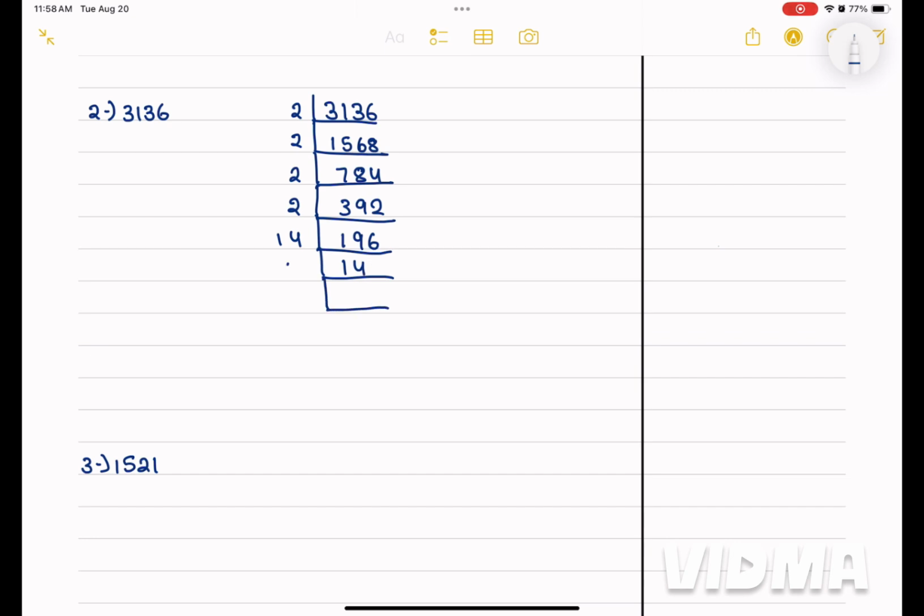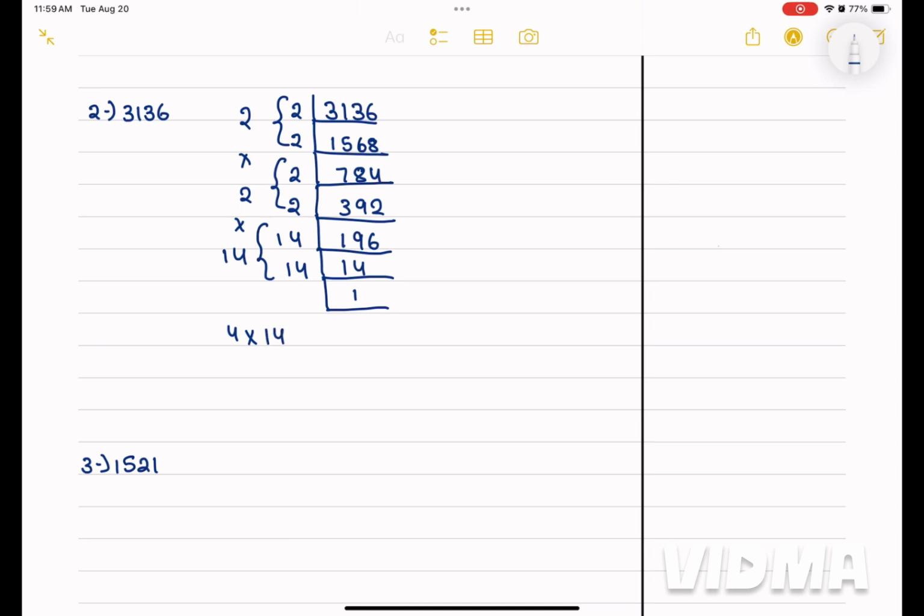Okay. There we go. Now we're going to again take pairs. 2, 2, 14. So 2 into 2 into 14, which is 4 into 14, and the answer is 56.